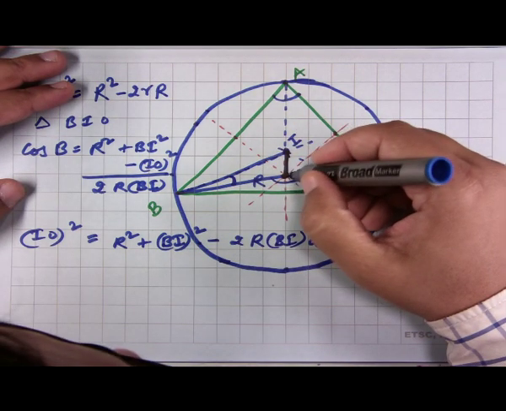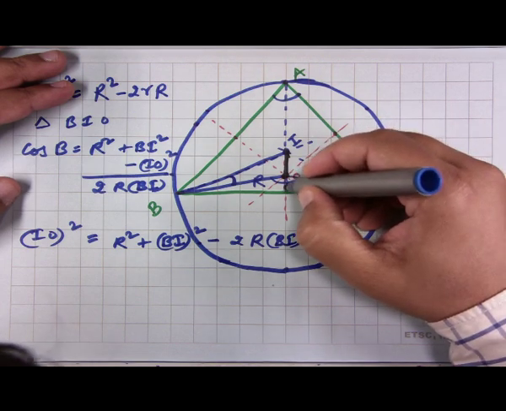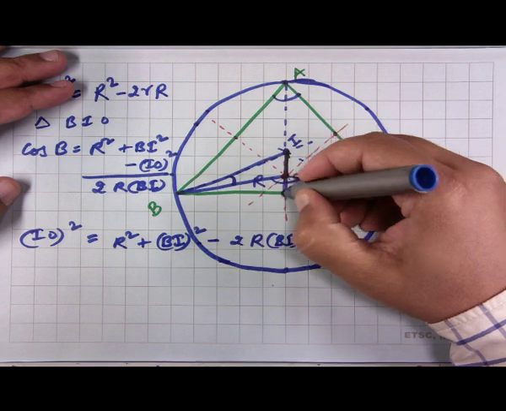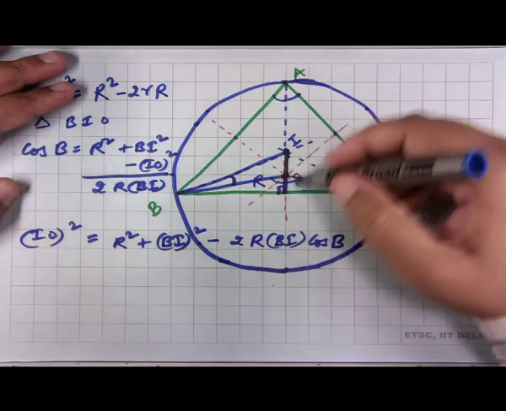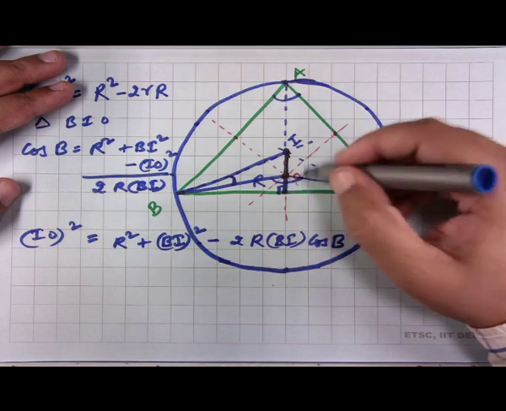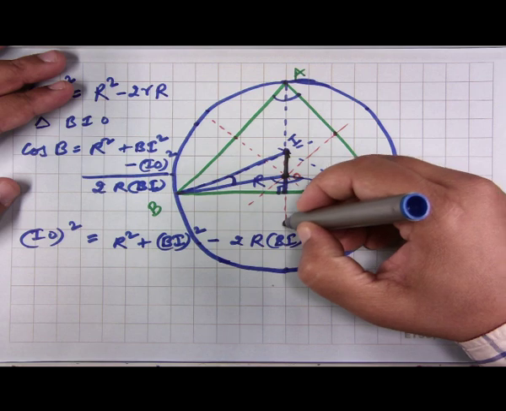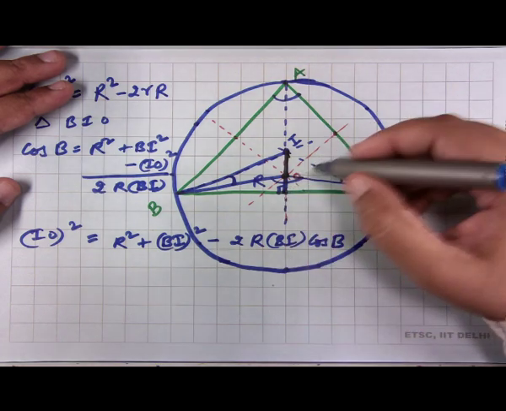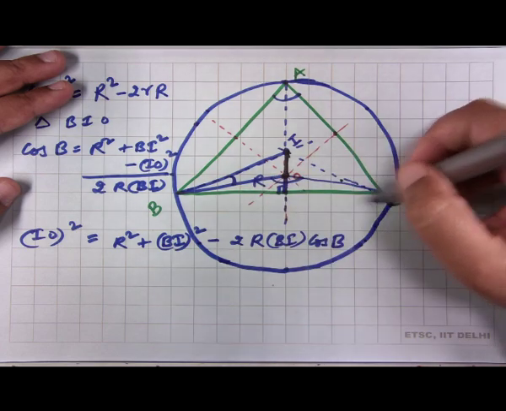Let us now drop a perpendicular from this circumcenter. Let us drop a perpendicular like this. Note that this perpendicular is basically along this dotted red line, which was the perpendicular bisector of this line segment BC.